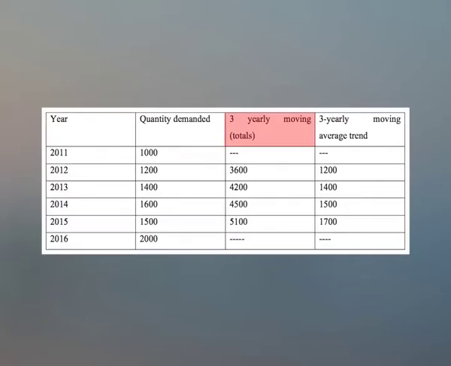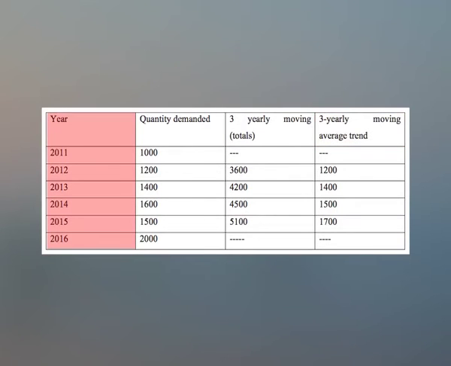The method of moving averages is a simple method involving the calculation of moving averages for a 3-year period or a 4-year period to find out the trend. Now, this is explained in the following table. Now, we will see the table which shows 3 yearly moving totals and 3 yearly moving average trend.